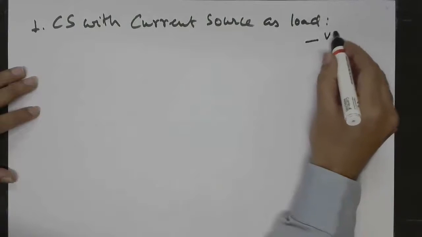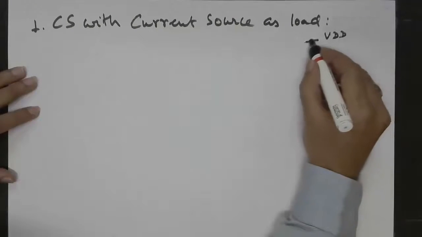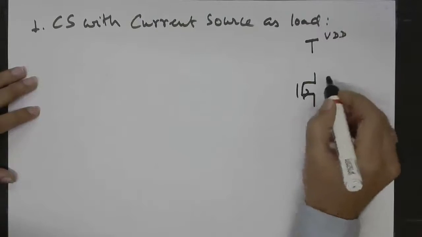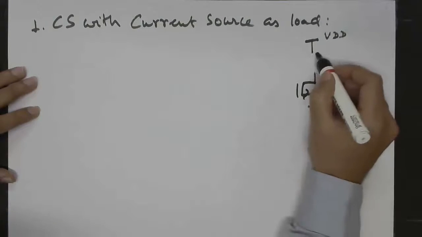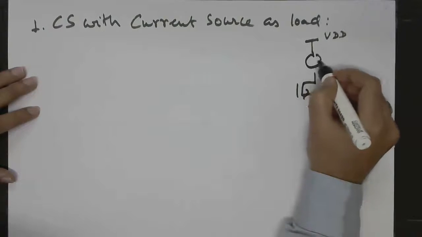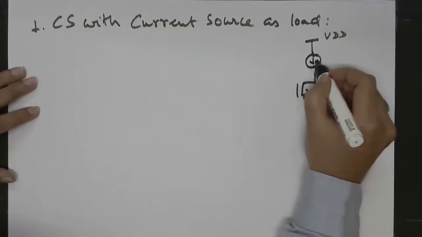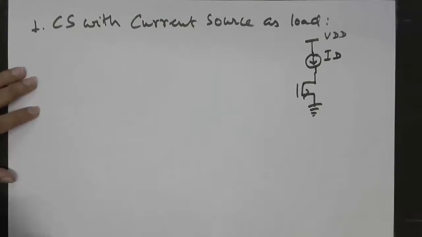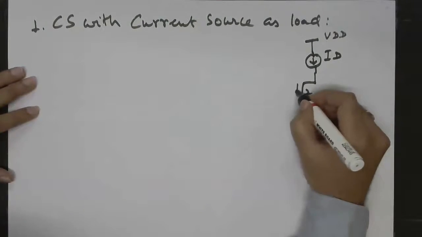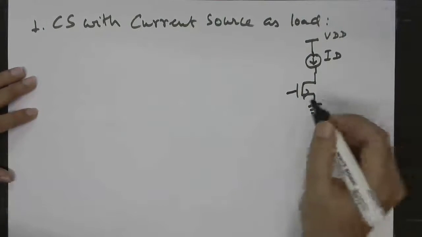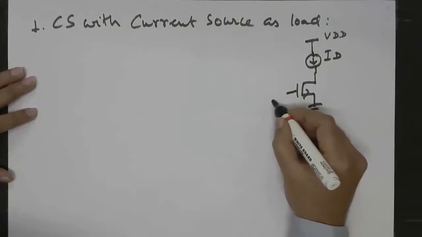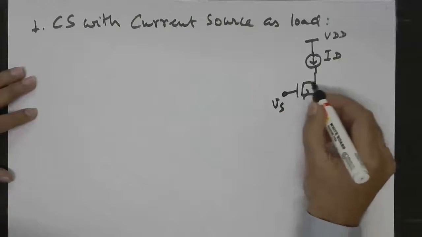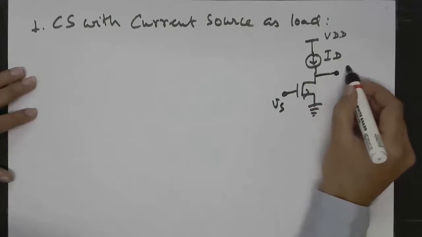So between VDD and the MOS, instead of putting RD, we try to put one ideal current source which will provide ID, the DC bias current required for the operation of this, and we will of course have our time varying input, and we will take the output from the drain.